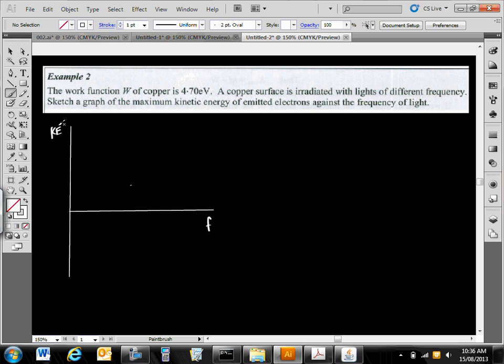If we were to draw this graph in joules instead of eV, then it's not so bad here. We could just have this at minus 4.7 as the intercept. And then how do we find the slope of the graph?